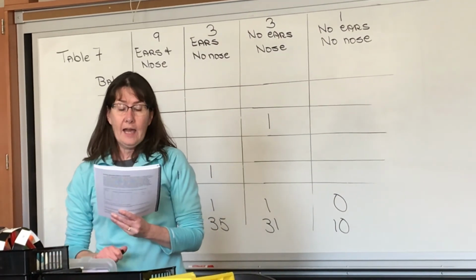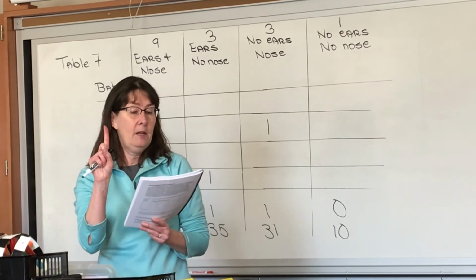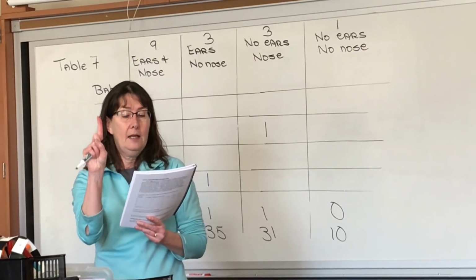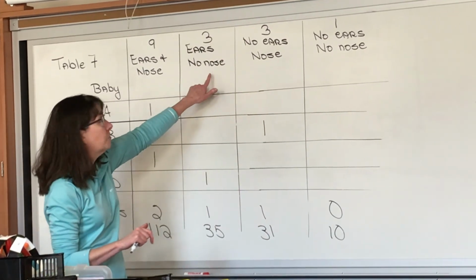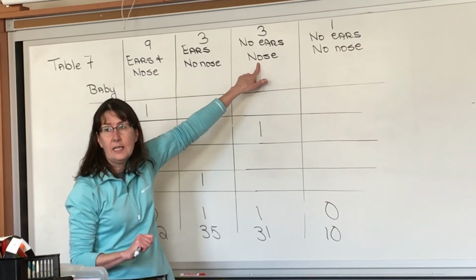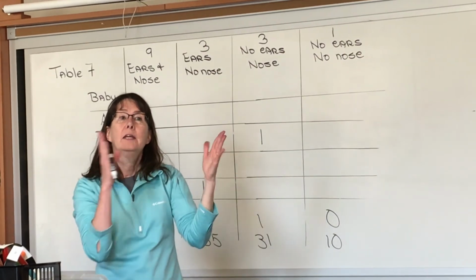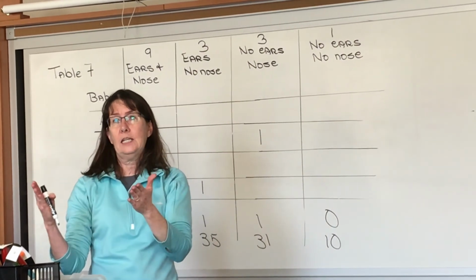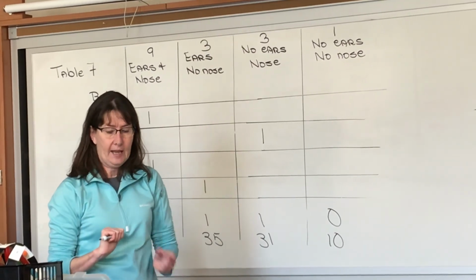It goes on to ask how many of the offspring do you expect to have the dominant phenotype for one trait, but the recessive phenotype for the other. That's 3 out of 16 here and 3 out of 16 here. So we would expect in total 6 out of 16 of those offspring would have 1 dominant with 1 recessive characteristic.